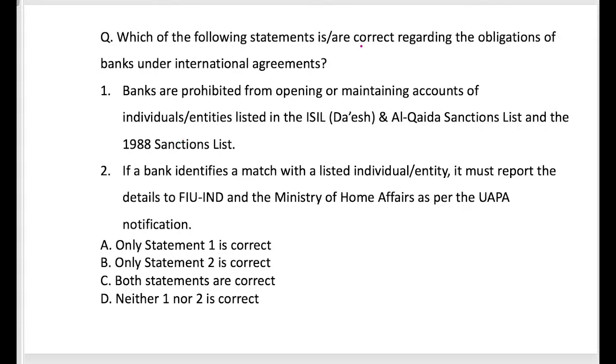Which of the following statements are correct regarding the obligation of bank under international agreements?